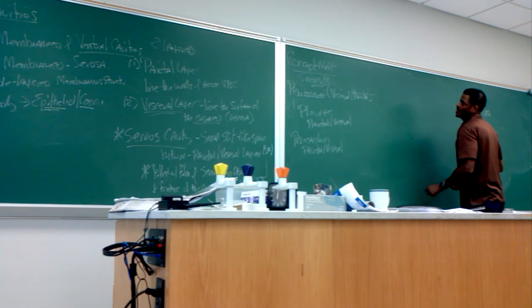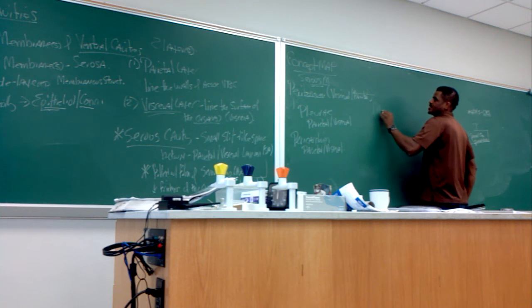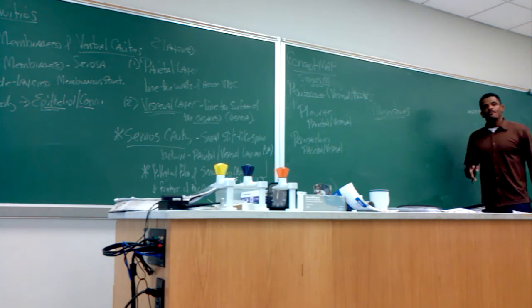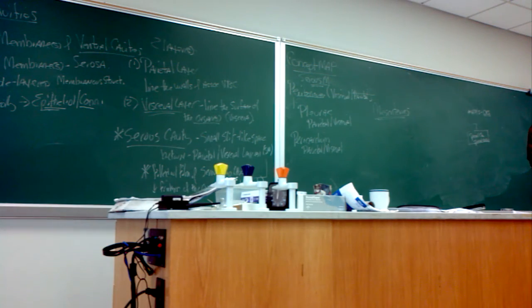They're going to mention the mesenteries. And structurally, our mesenteries are double folds of the parietal peritoneum. So they're double folds of the serous membrane associated with the what? Abdominal body cavity. Are we okay with that?